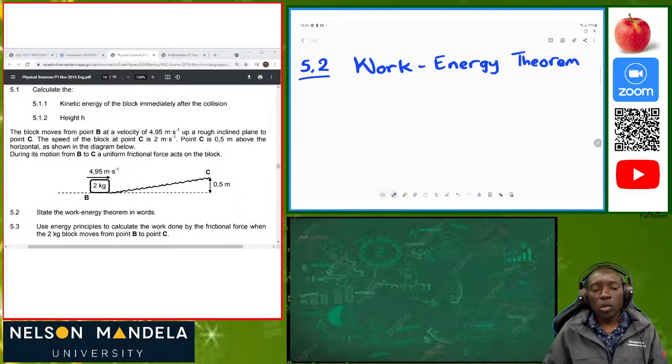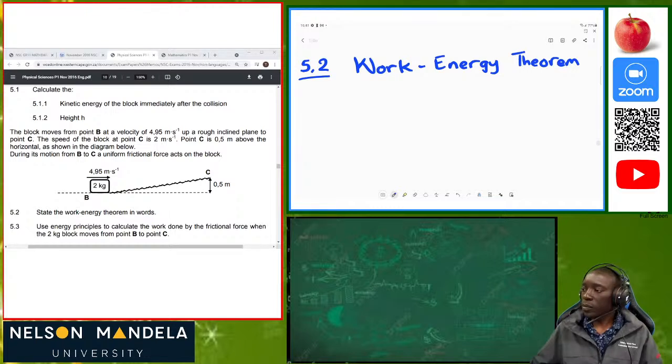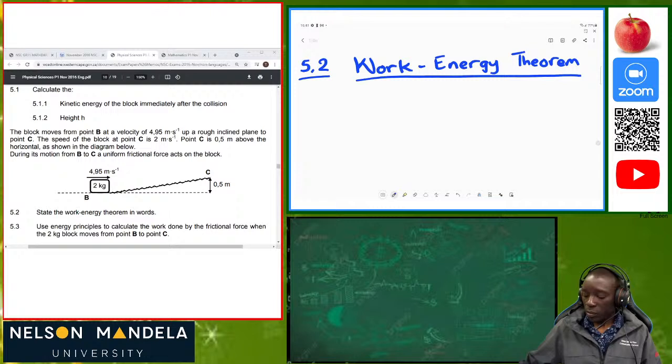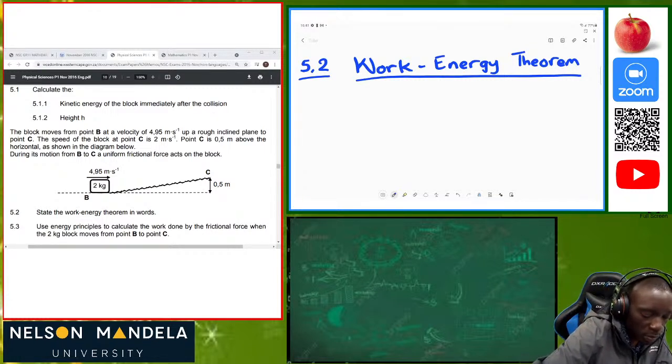So how would you state the work-energy theorem in words? What would you say about the work-energy theorem?